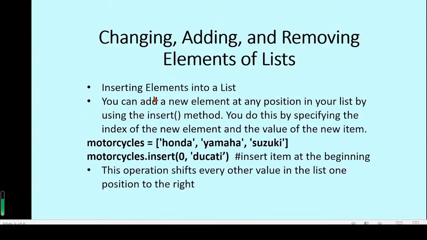And you can also insert elements into a list. So you can add a new element at any position in a list by using the insert method. You do this by specifying the index of the new element and the value of the new item. So this is a list, and we can insert a new motorcycle at the first position.